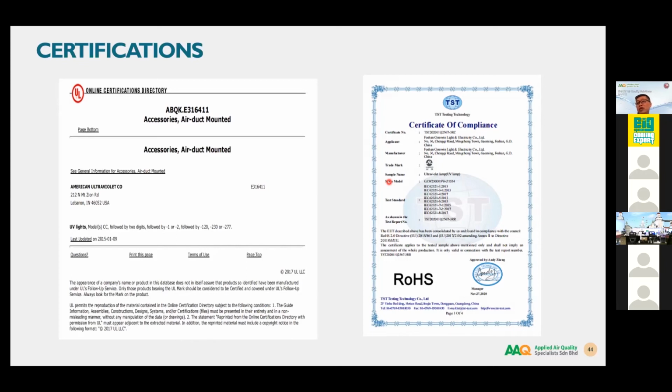Something like other aircon company technicians may go there, and they will want to install without knowing that there's a UV operating inside. When they open the aircon panel, the lamp is still operating and they will have direct contact exposure to the UV lamp. So this may cause hazard.